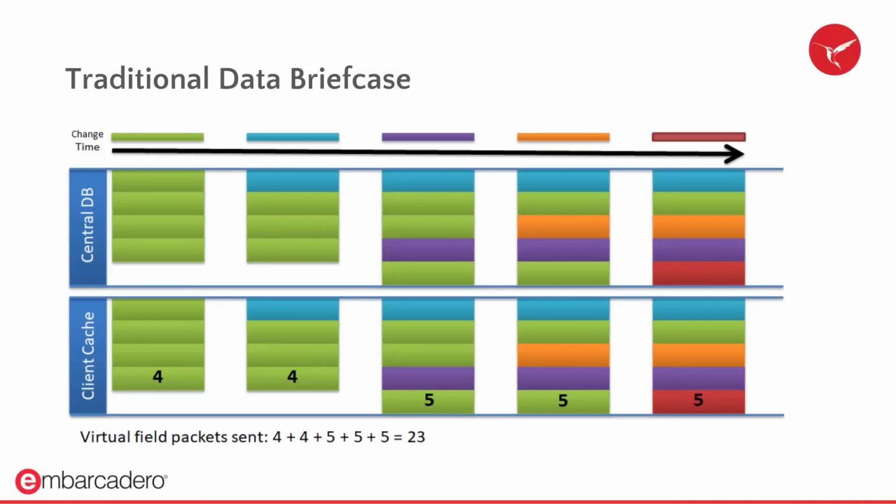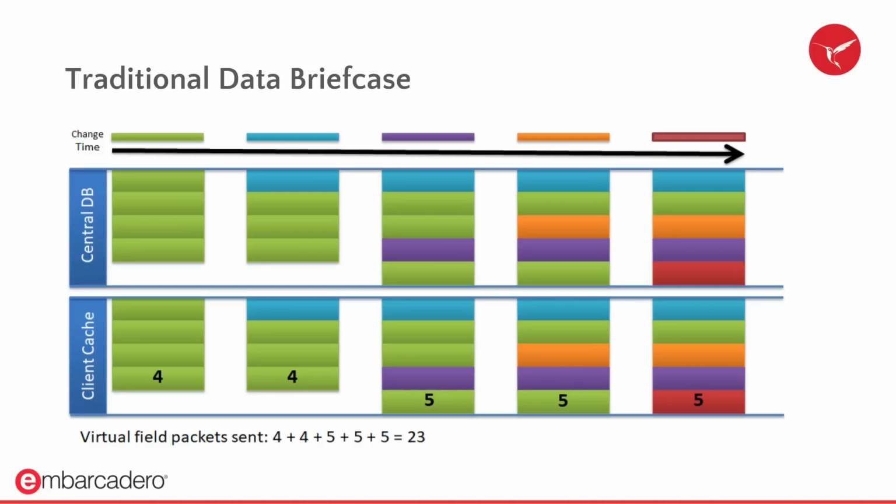Now, to give you a little bit of an idea of what I mean, you may have seen this image before regarding InterBase and change views, but we can see here our typical or traditional briefcase model approach to what's happening with your data. When you make any changes, you have to fetch that data whenever you apply the updates. As time goes on, you make more and more changes, and you have to fetch those new changes or deltas every time.